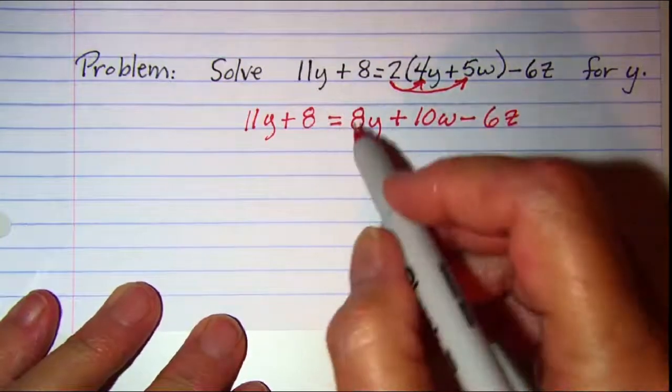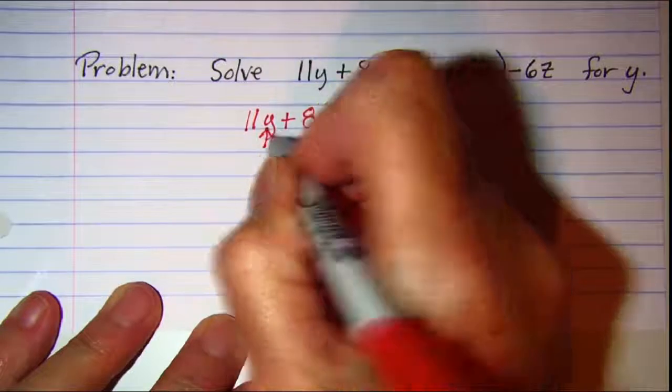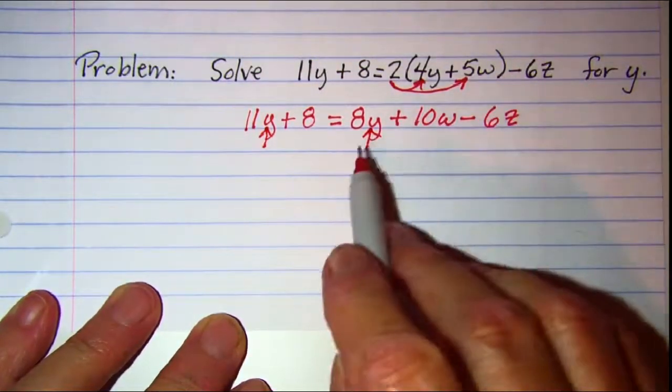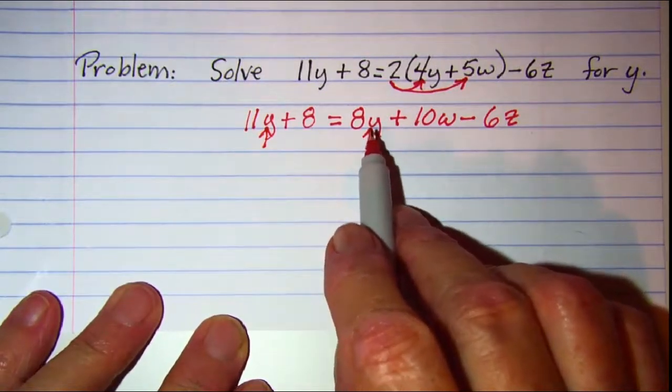Now we notice that we're solving for y, so y appears twice, once here and once here. So this time we need to get our y terms on one side of the equation.